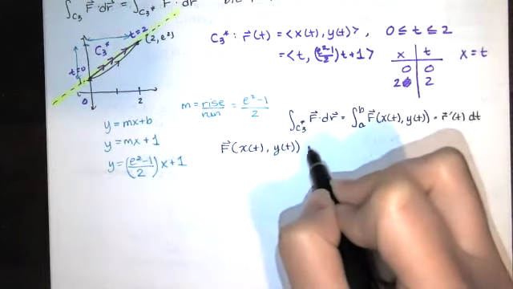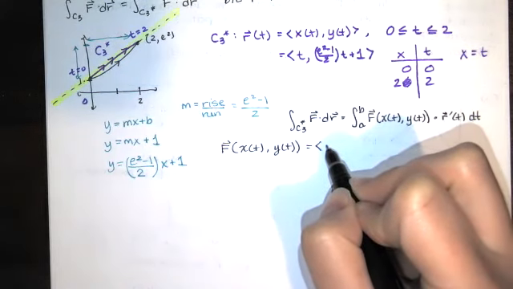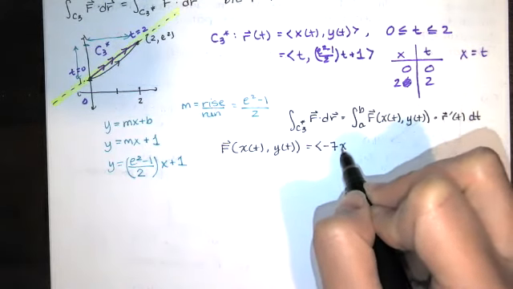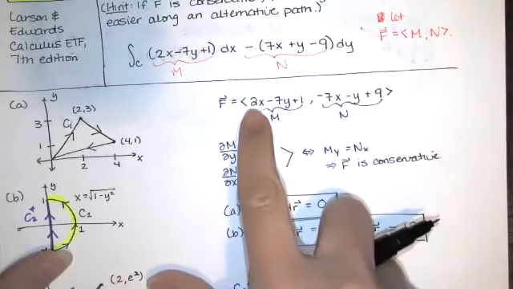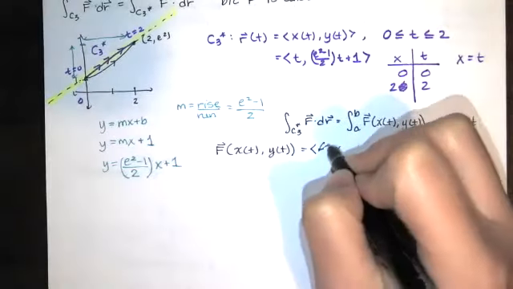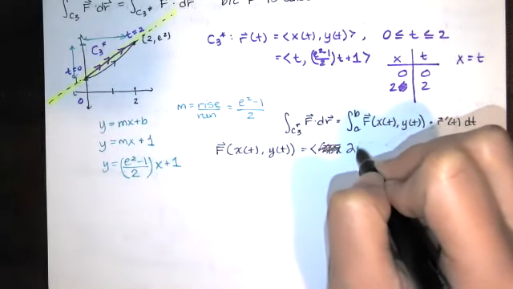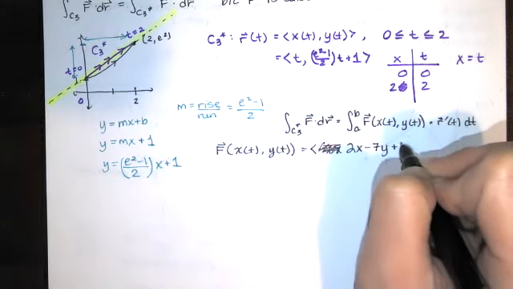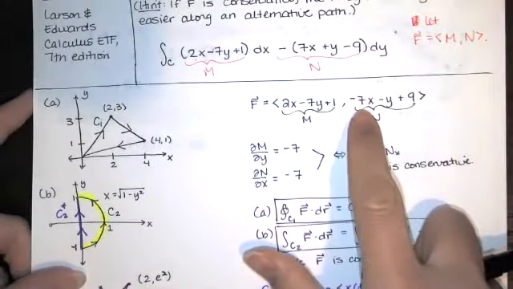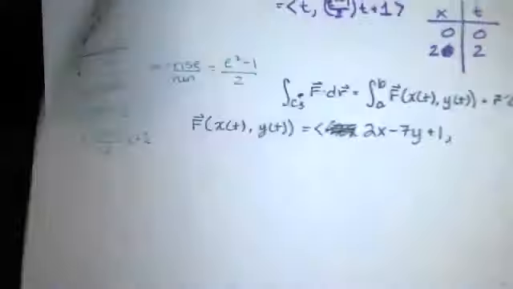So our field was this, it was -7 times x, 2 times x minus 7y plus 1. Had that wrong in my brain. And then I've got a -7x minus y plus 9.